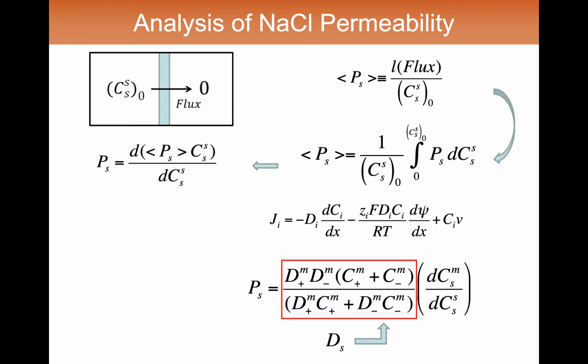And remember, we can do that in the concentration-driven experiment because for every sodium to cross from one side of this membrane to another, it has to have a chloride with it. And so there is an average or effective diffusion coefficient that governs the migration of sodium chloride through that membrane. Now, one of these ions often will be faster than the other, both in water and in the membrane.